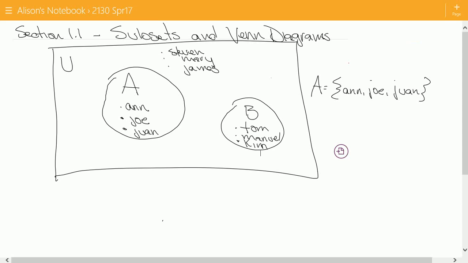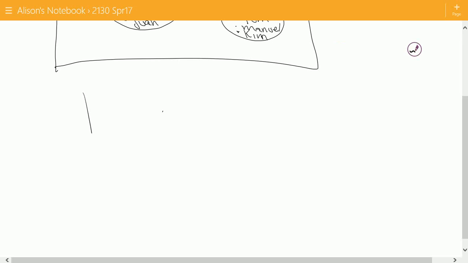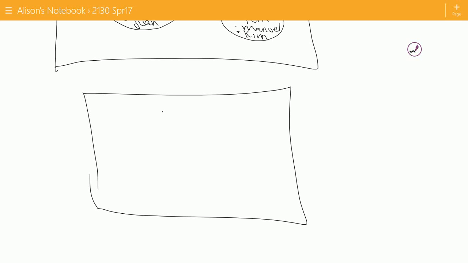One of the benefits of the Venn diagram is that just by looking at the sets, I should be able to tell if there are common elements between the sets. So I'm going to come down here and draw another universe. This time, just to make it easier, my universe is going to be made up of integers, whole numbers.